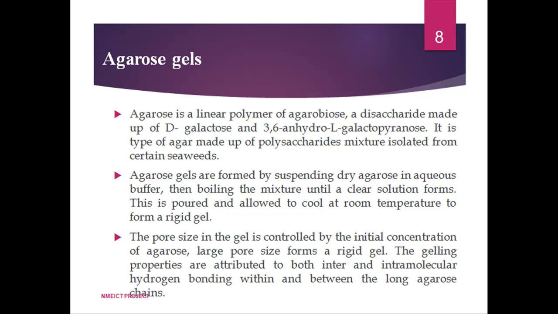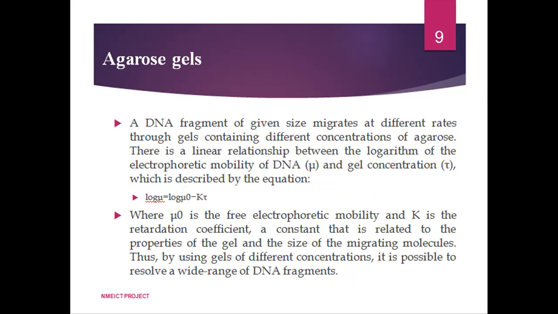This agarose structure gives the gel good anti-convection property. The pore size in the gel is controlled by the initial concentration of agarose. Large pore sizes are formed in a rigid gel.